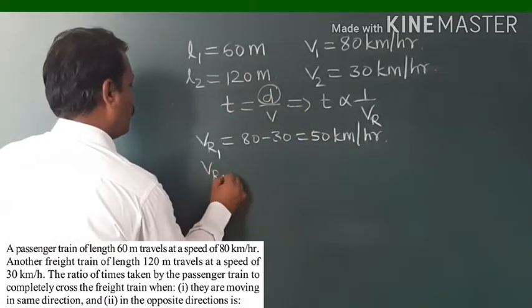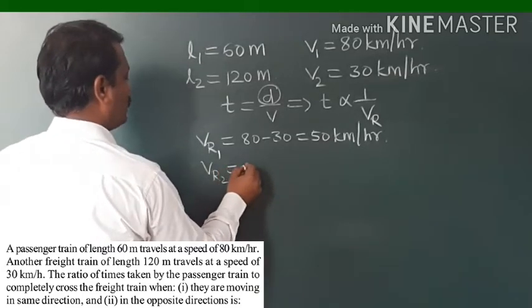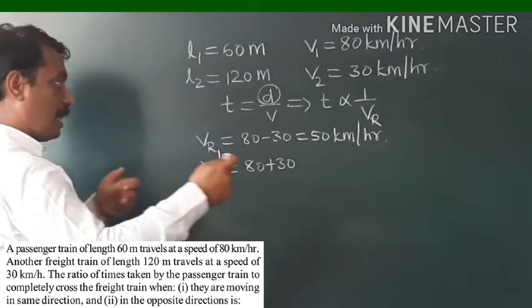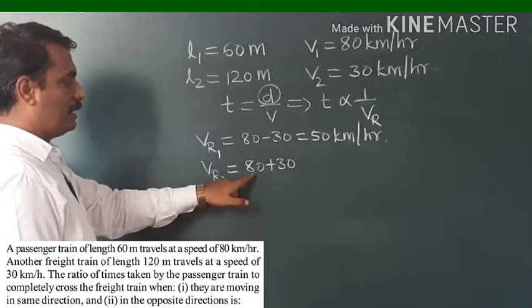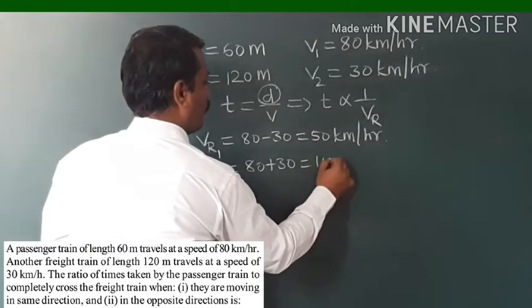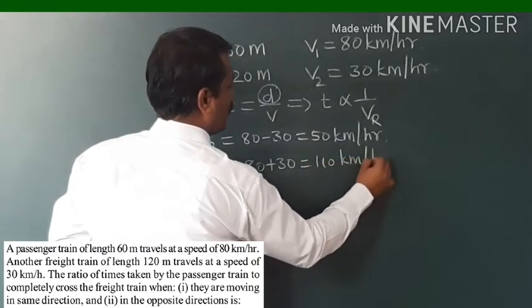This is relative velocity when both the trains are moving in the same direction. And VR2 is relative velocity when both the trains are moving in the opposite direction. In that case, the relative velocity is equal to 80 plus 30, that is 110 km per hour.